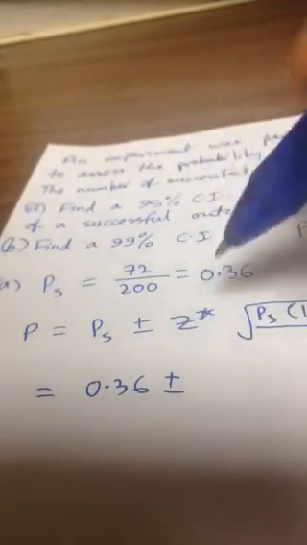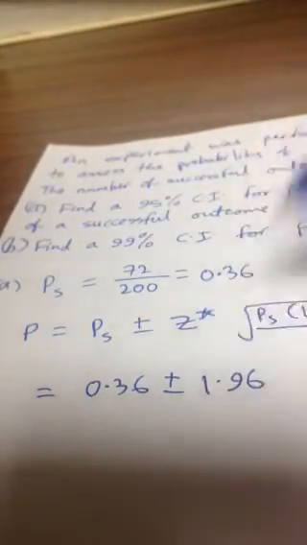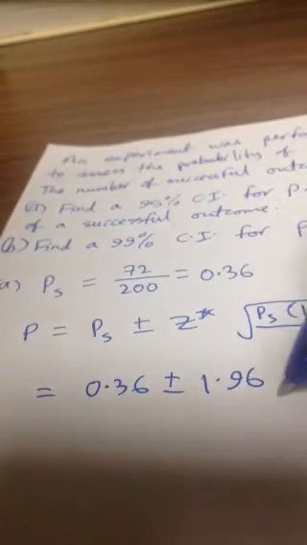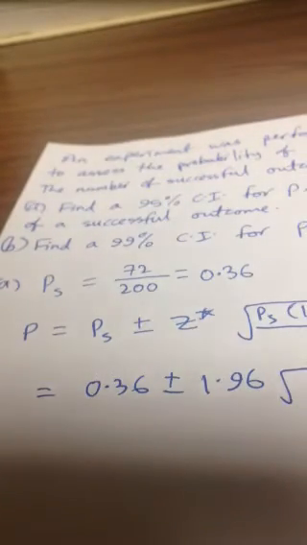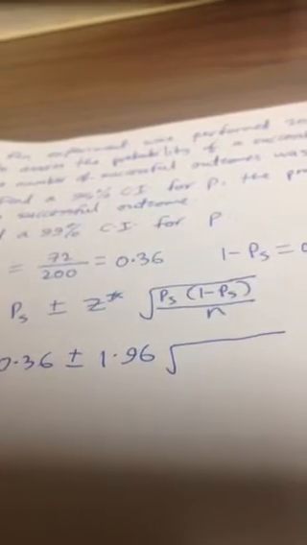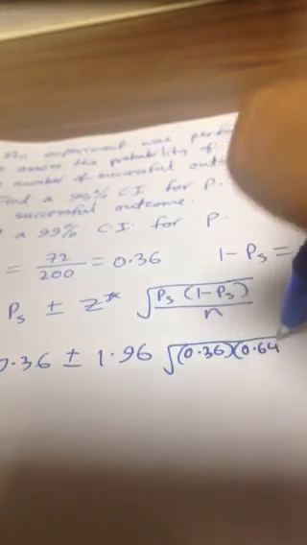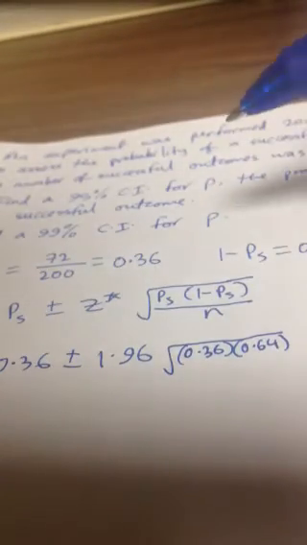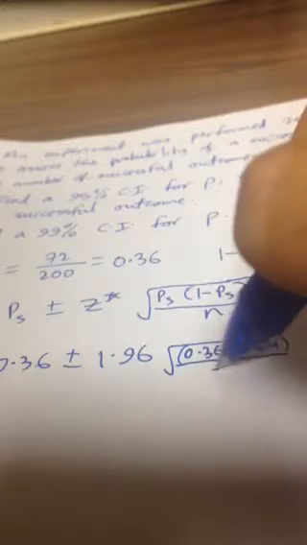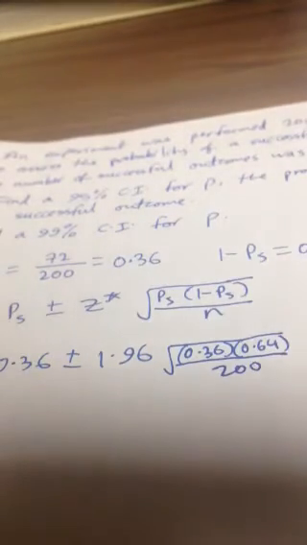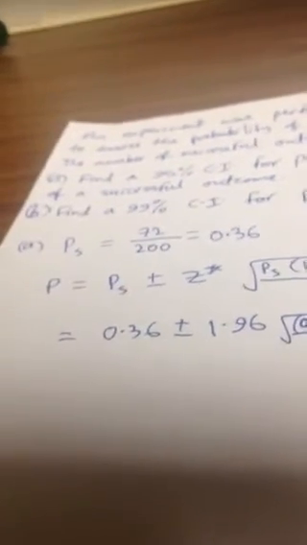So this would be equal to our sample proportion 0.36 plus or minus 1.96 times the square root of 0.36 times 0.64, that is 1 minus P sub S, divided by 200, the number of trials.